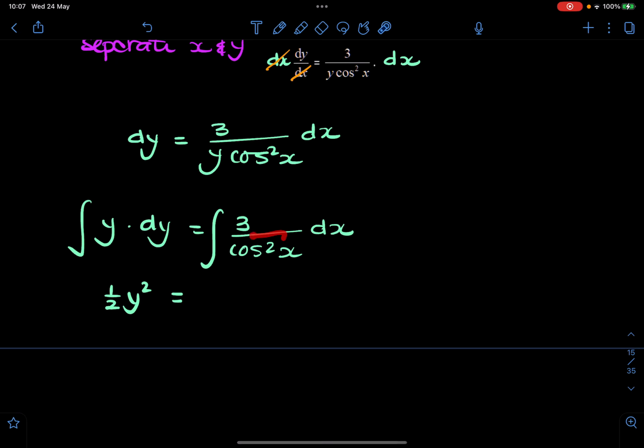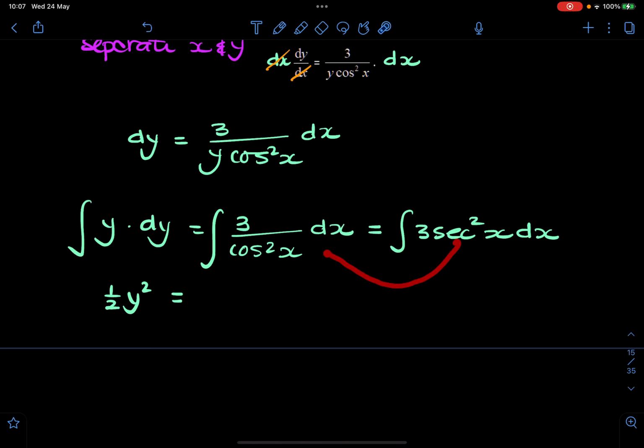It isn't easy. There isn't an integral for cosine squared when it's in the denominator, but it might be more familiar if you were to write it as 3 secant squared x dx, because we know that the integral of secant squared is tan.